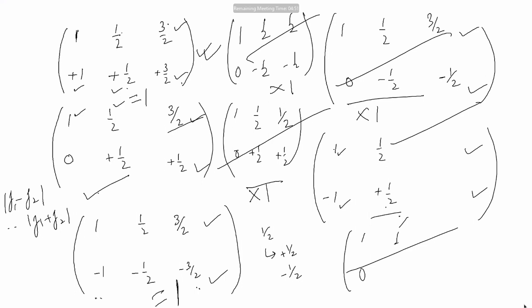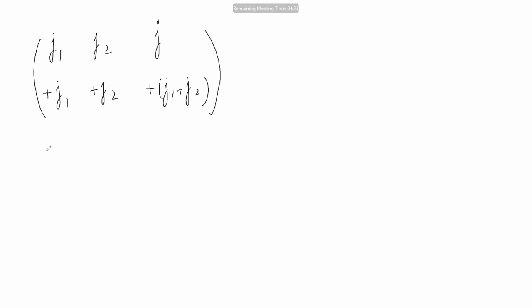Therefore, the important point with which I will conclude today's lecture is this: if you have J1, maximum projection means plus J1, J2 plus J2, J, or J1 minus J1, J2 minus J2, J minus J1 plus J2.